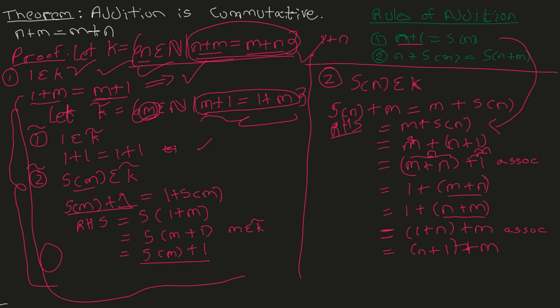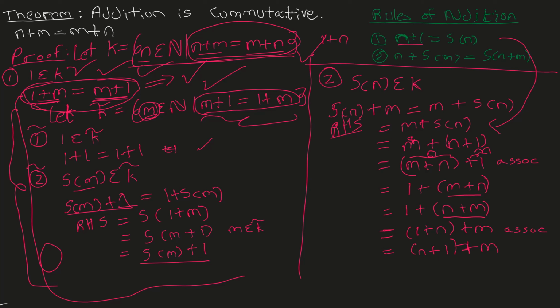Well, how did we write 1 plus n as the same as n plus 1? Because we proved it right here: since 1 is in k, 1 plus m is equal to m plus 1. Therefore, we can write 1 plus n as the same as n plus 1.